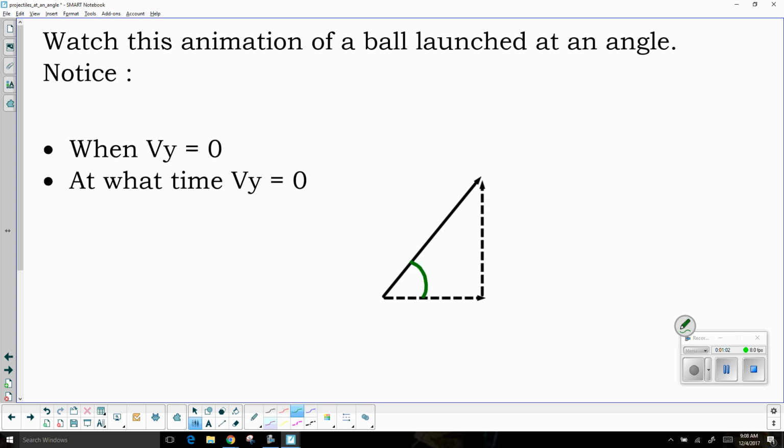And don't forget that the vertical component, in this case vy, is going to be the velocity times the sine of the angle, and the x component is the velocity times the cosine of the angle. That comes from the resolving vectors part that we have already done in motion in 2 dimensions.